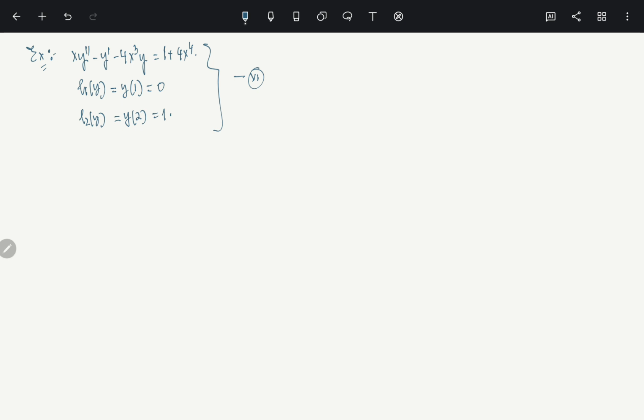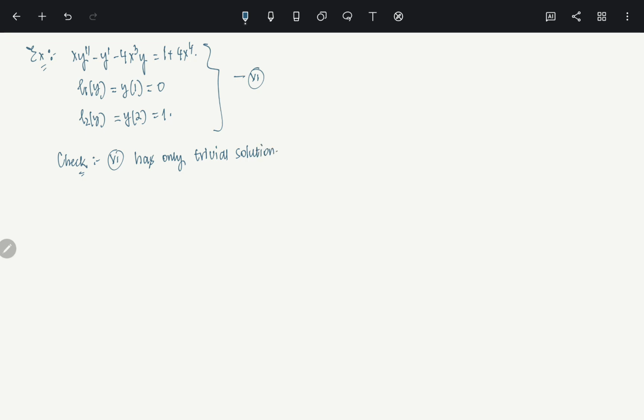Now you can actually show, so please check this part, that the homogeneous problem corresponding to 6 has only the trivial solution. How do you check something like this?